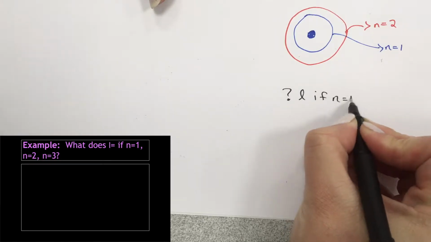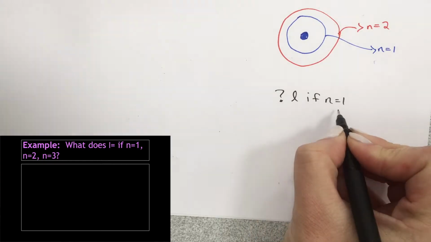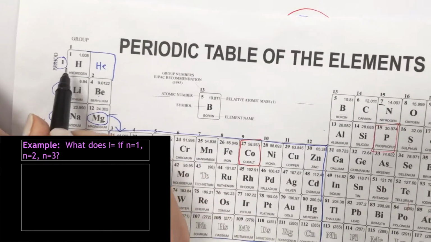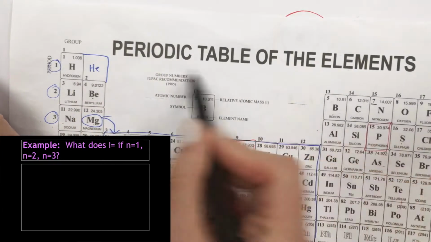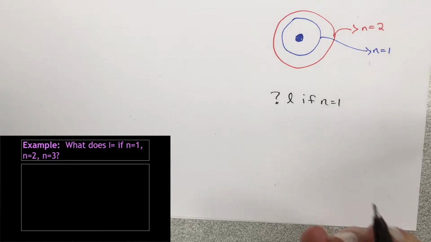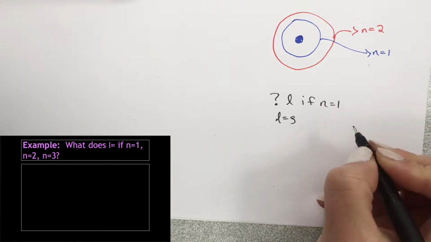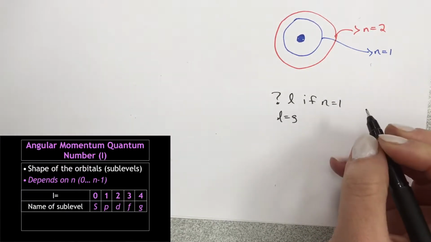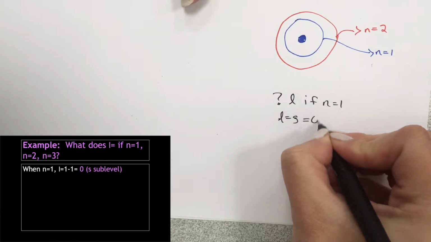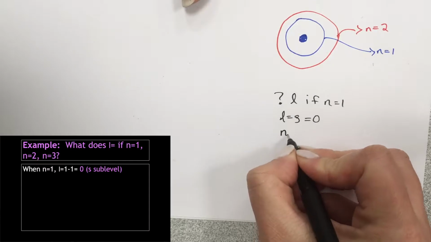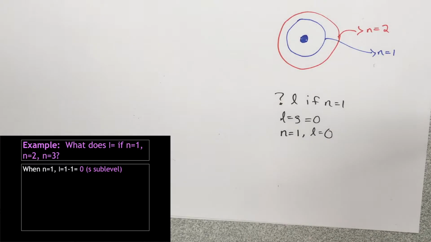If n equals 1, that's the first energy level, and L can only have the S shape. If you look back, the S shape is 0. So if n equals 1, then L must equal 0.